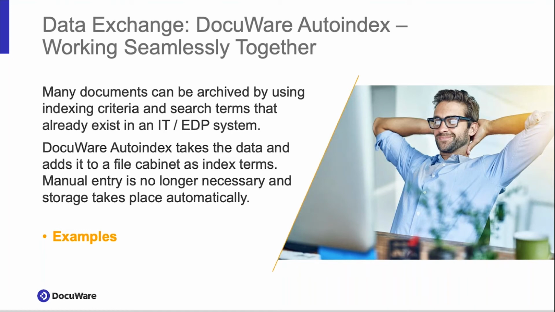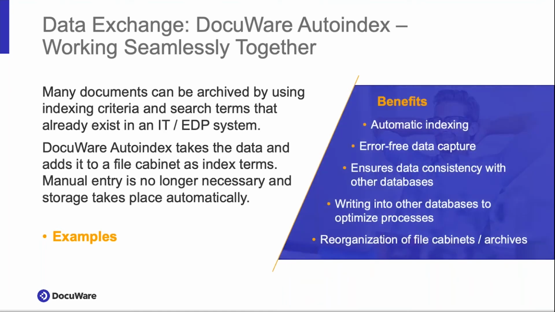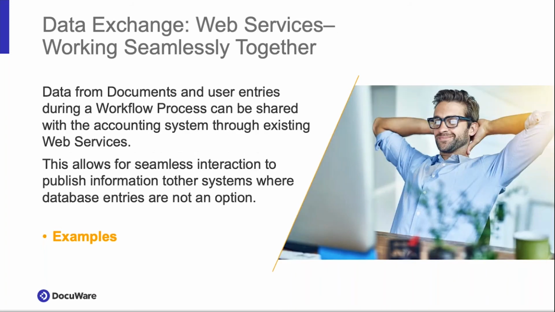But we're going to go through the Order Index configuration and briefly take a look at what options are available within Order Index. For those ERP systems, or accounting systems, or CRM systems, where we cannot write directly to the database, we have the ability to post web services. And the web services are very simple. We just communicate with the web service and we post certain data that can be automated through the DocuWare workflow engine.